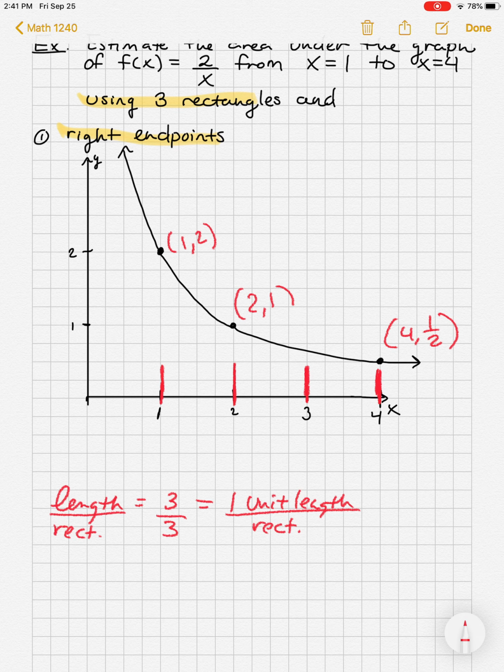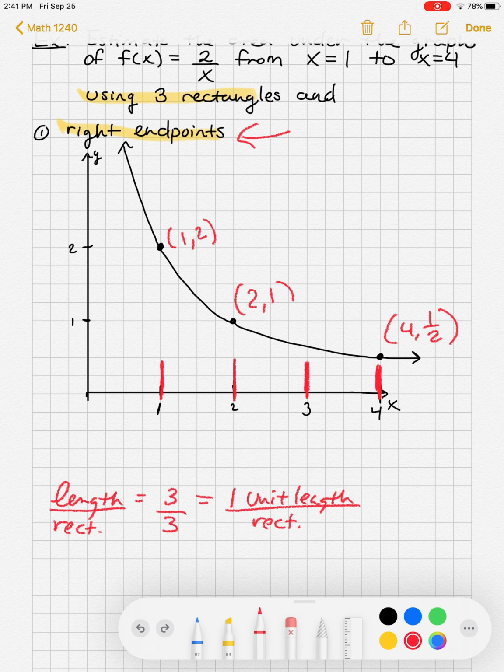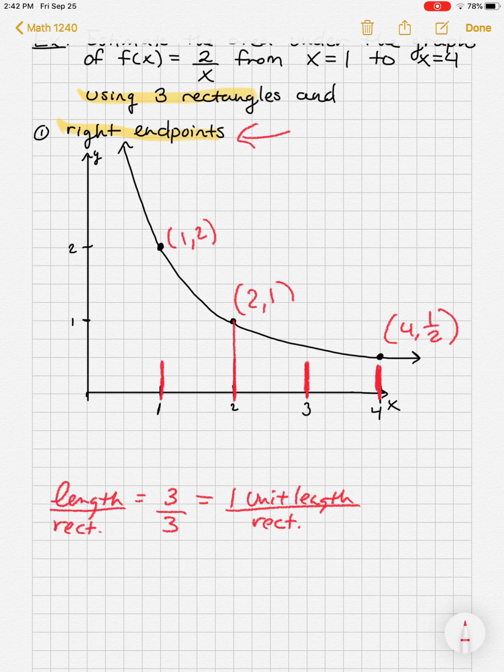There's one there, and one here. But be careful, I have to use the right endpoints. So this would be the right endpoint of this rectangle. So that's the point of interest. Here's the right endpoint of that rectangle. So I guess I need to find that value, huh?